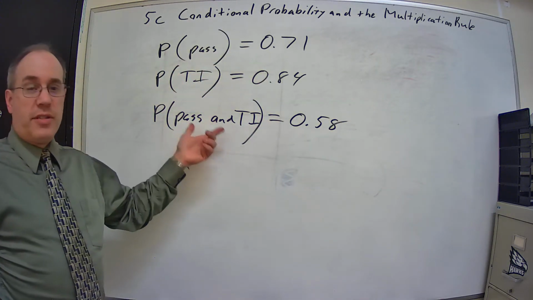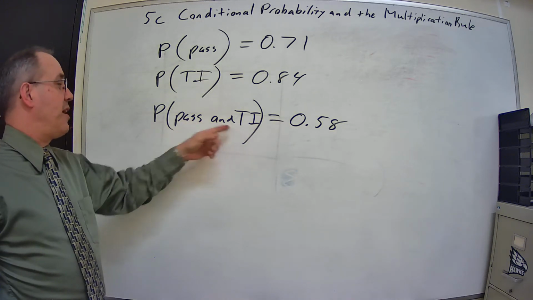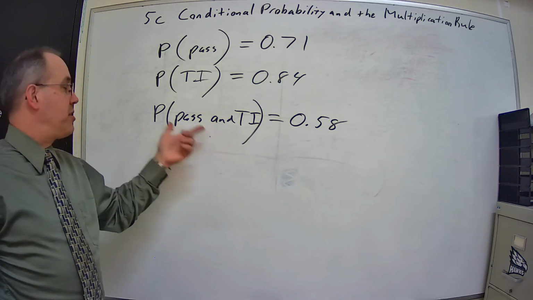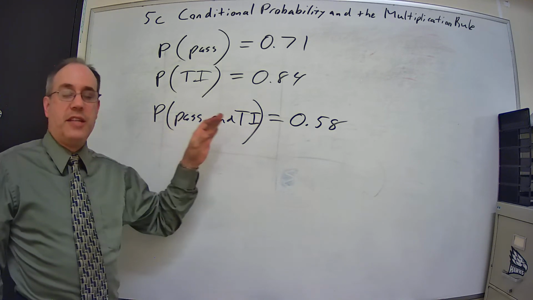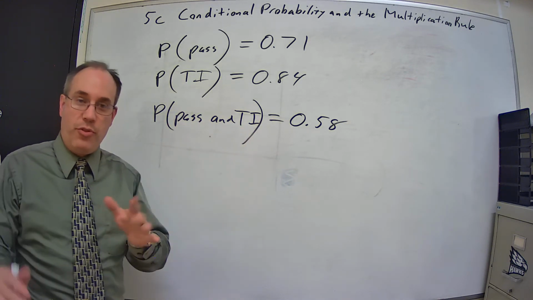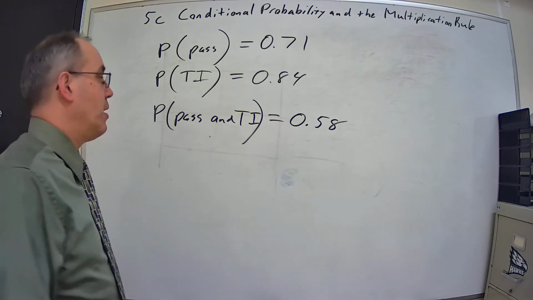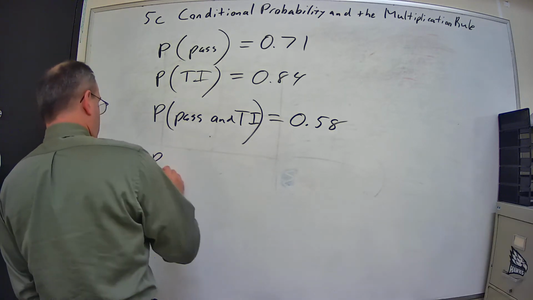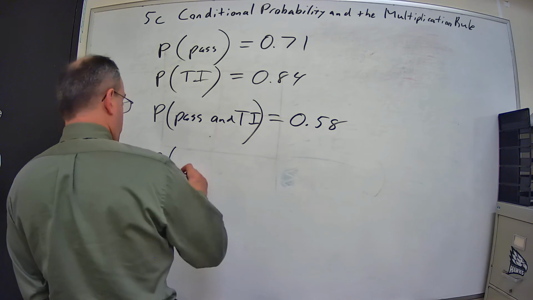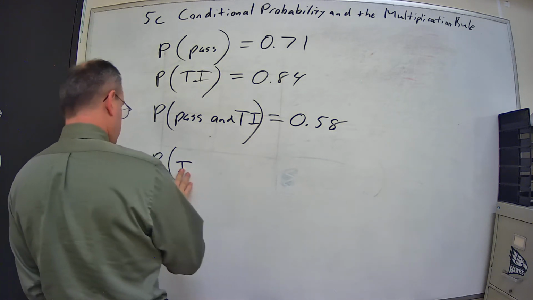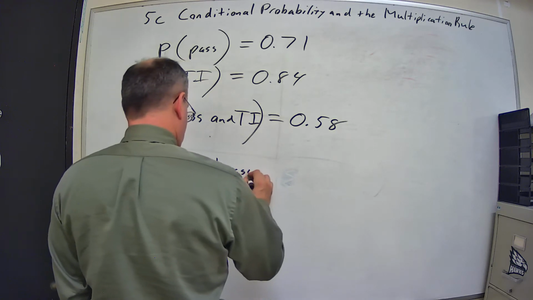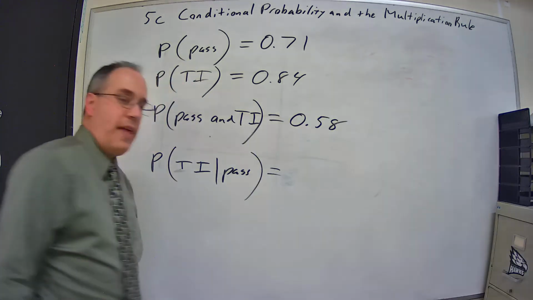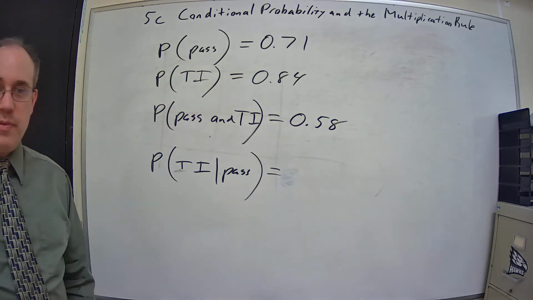Now remember, this isn't the probability that someone who has a TI calculator passes. This is the probability that someone passes and has a TI calculator. Both of those things occur. I want to find the probability that someone has a TI calculator given that they pass the class.